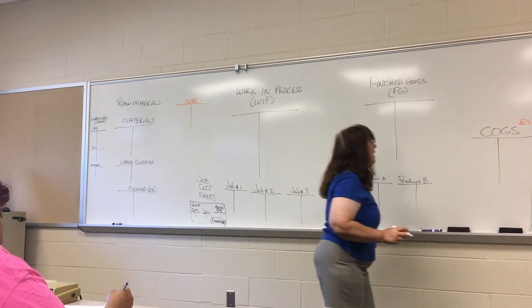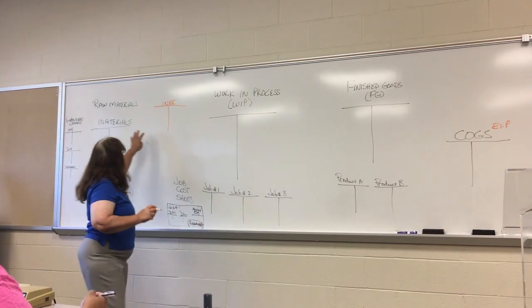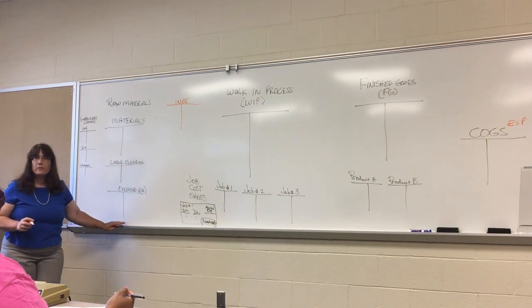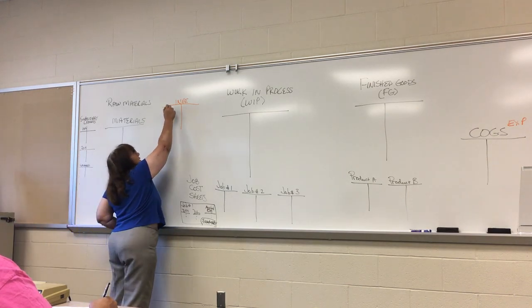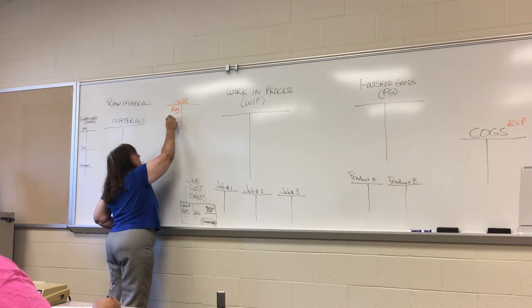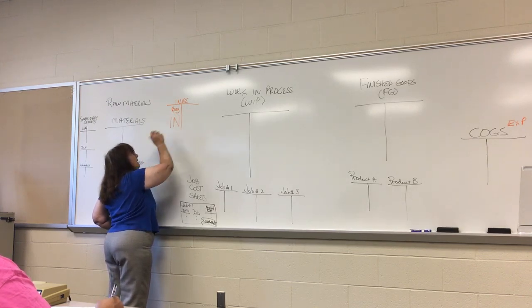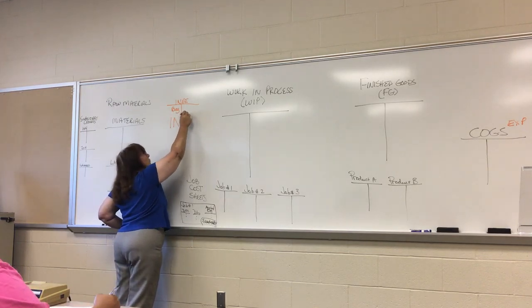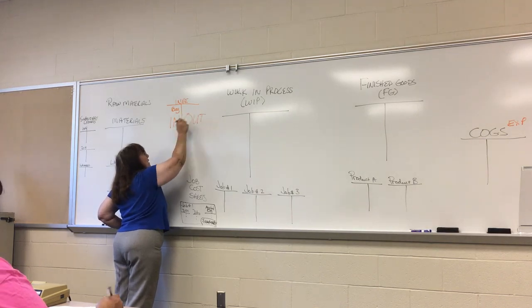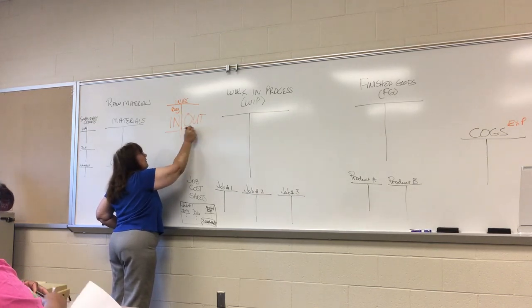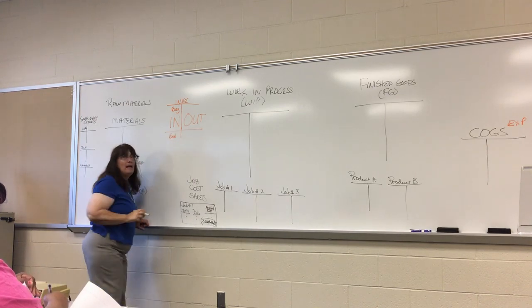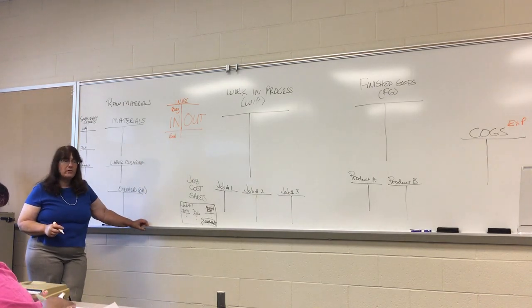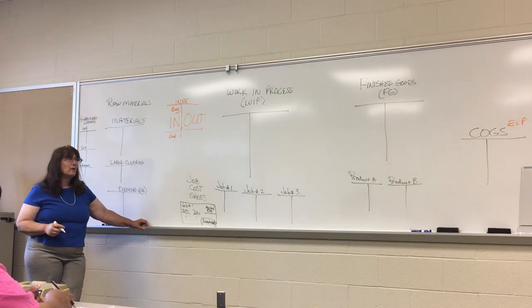All these other ones are inventory accounts. The inventory accounts all work the same way. You have a beginning balance plus whatever comes in, minus whatever the cost that went out, and that will give you the ending cost that's in that inventory account.